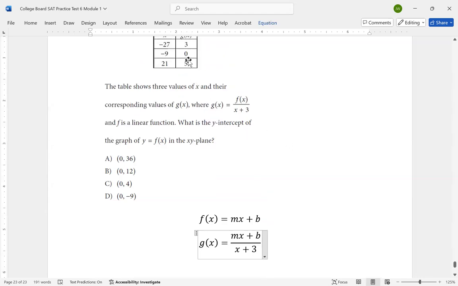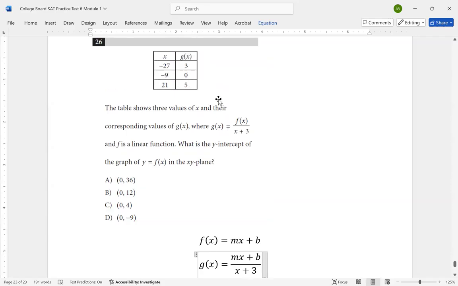And we have a few points to plug in. So when x is negative 27, g of x is 3. When x is negative 9, g of x is 0. When x is 21, g of x is 5.